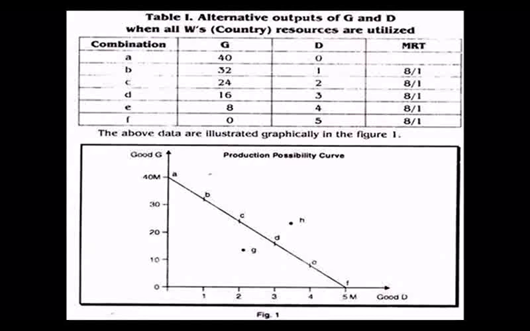So when marginal rate of transformation is constant, then at that time the shape of PPC will be a straight line. It shows that the same amount of a commodity is sacrificed to gain an additional unit of another commodity. So the shape of PPC here we get is a straight line because MRT is constant.